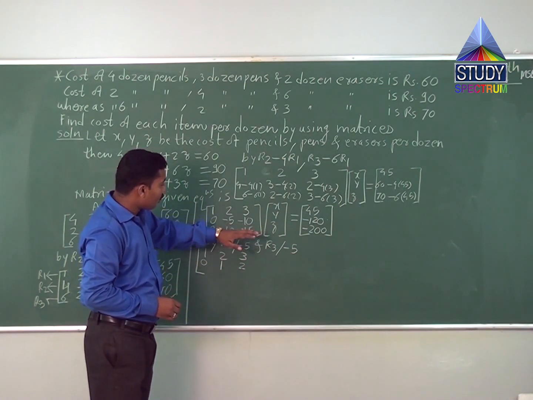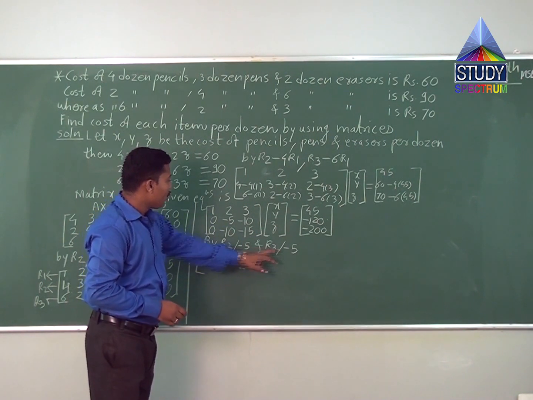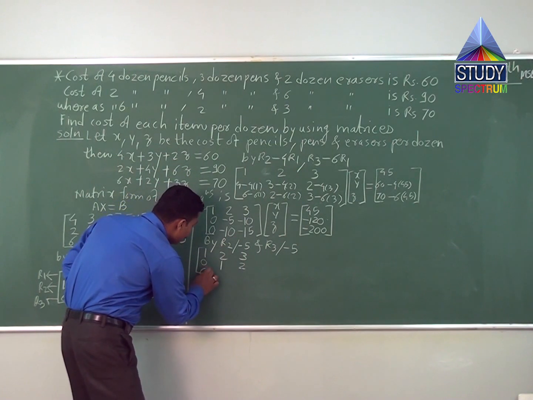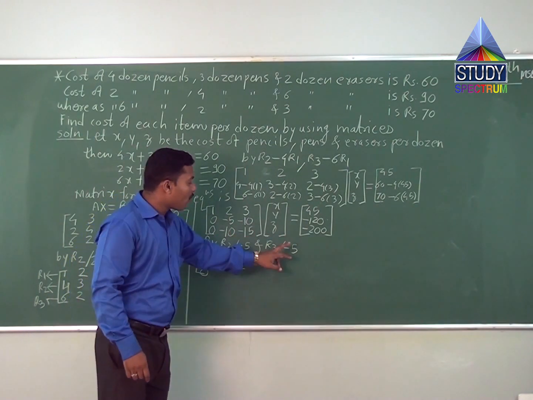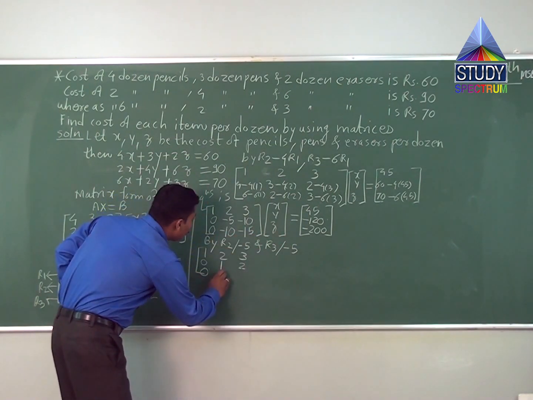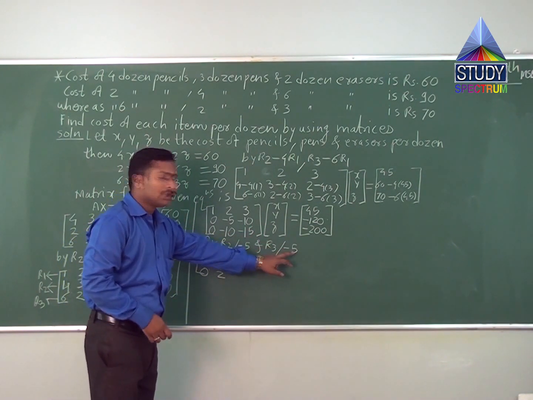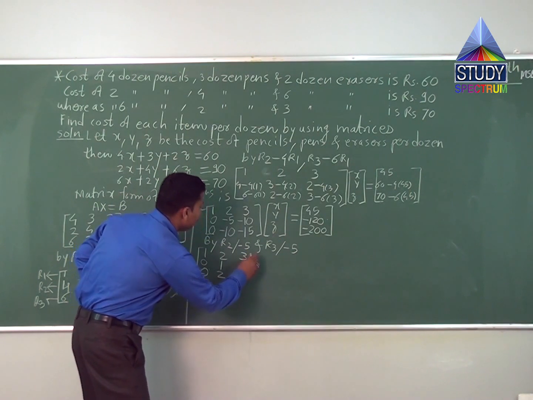Similarly, third row divided by -5: 0 upon -5 is 0, -10 upon -5 is 2, and -15 upon -5 is 3.